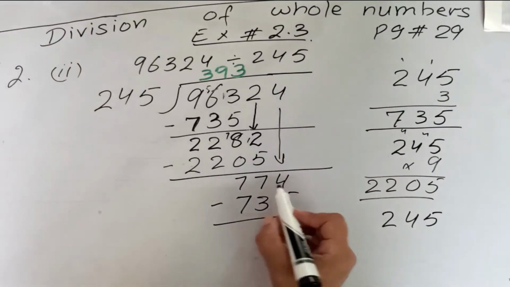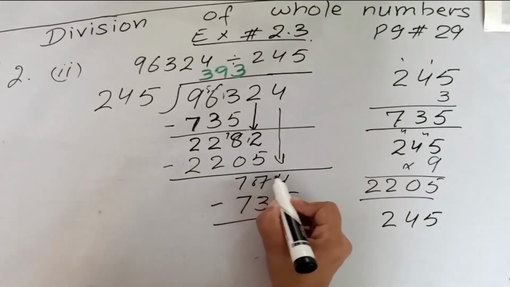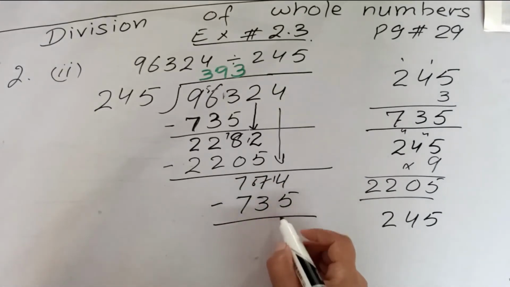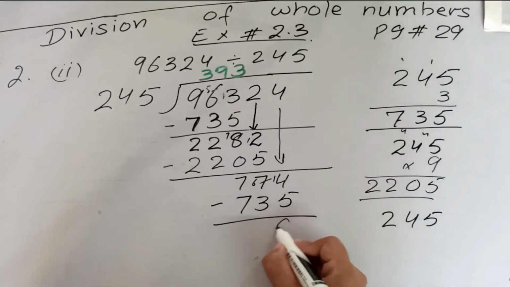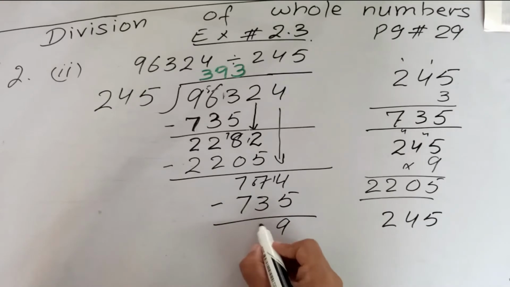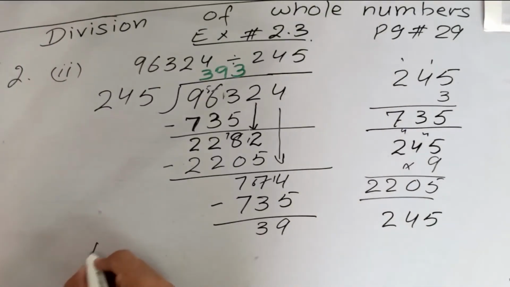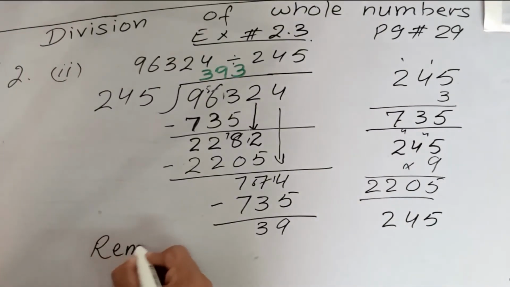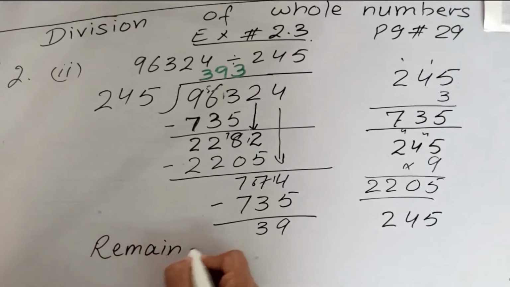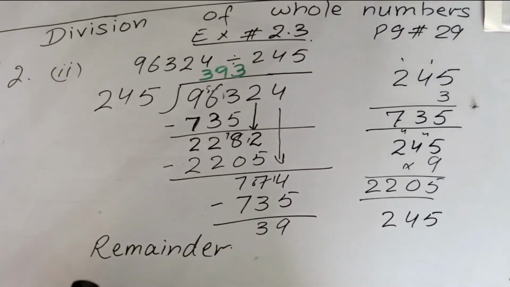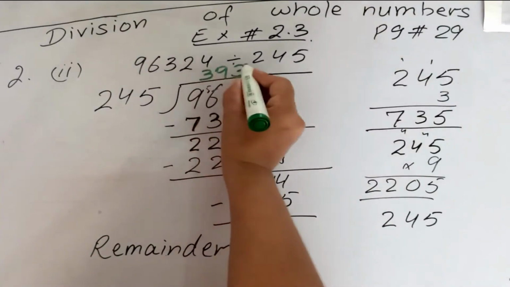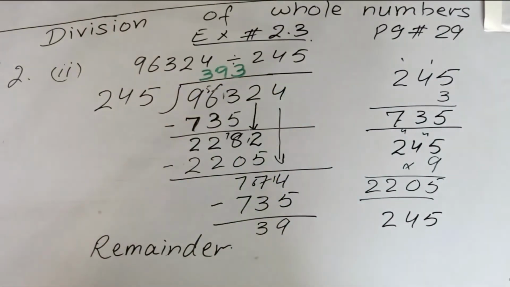Subtract it from the above value. Take borrow from here. This will become 6. This is 14. 14 minus 5, I get 9. 6 minus 3, I get 3. And 7 minus 7, I get 0. So this is 39. This is our remainder. And we get 393. This is the answer.